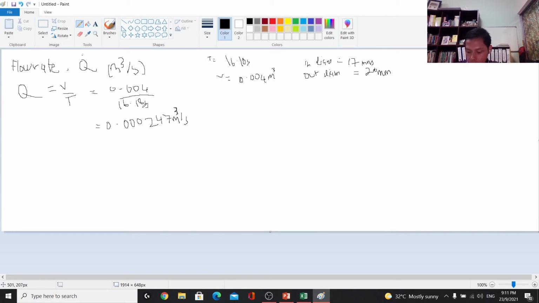The formula for velocity in the small pipe is V equal to 4Q over pi D squared.